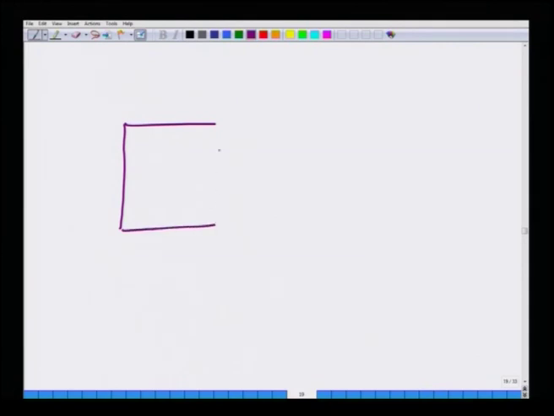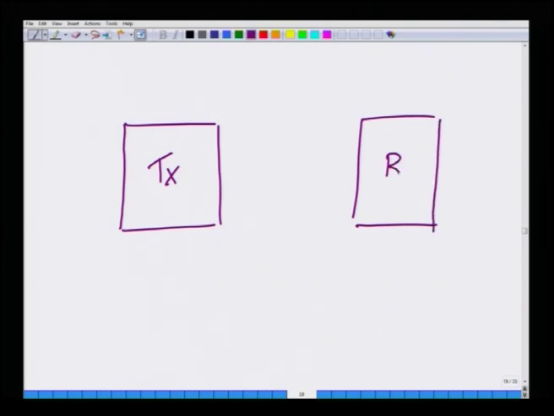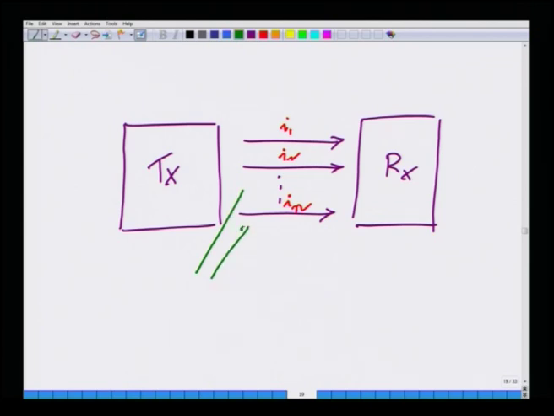To schematically describe spatial multiplexing, I have a transmitter, I have the receiver, and I am transmitting multiple parallel information streams I1, I2 up to IN.